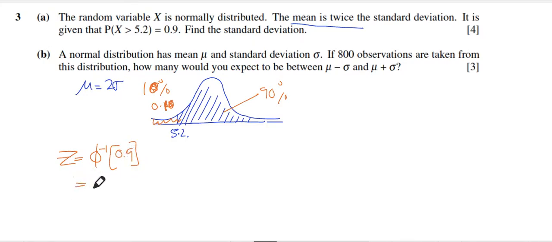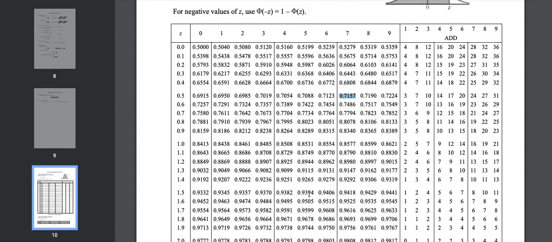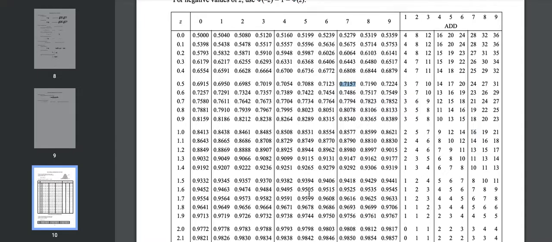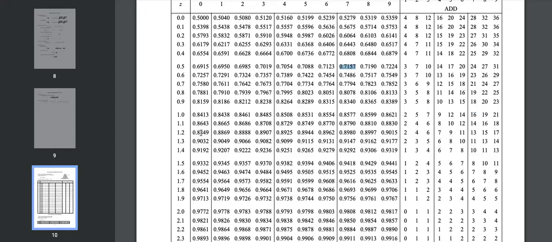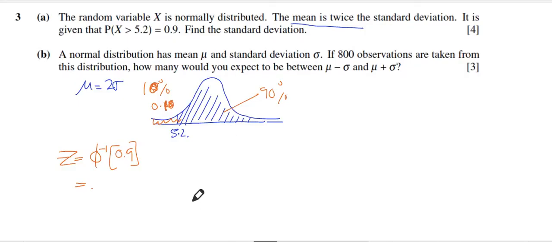Using the calculator or MF19, the value that I have here for 90% is 1.282.